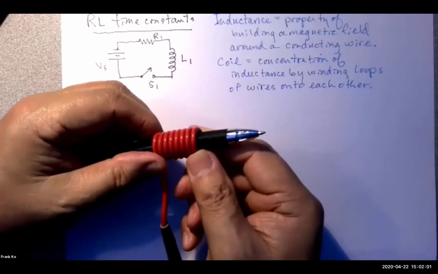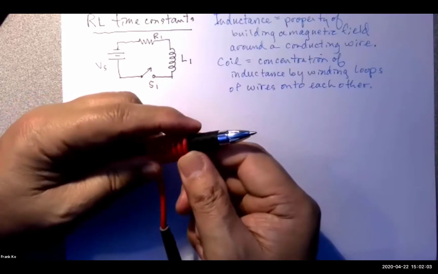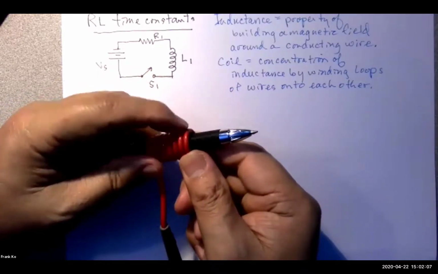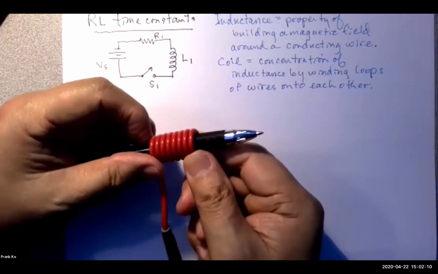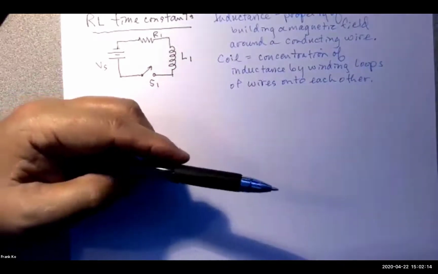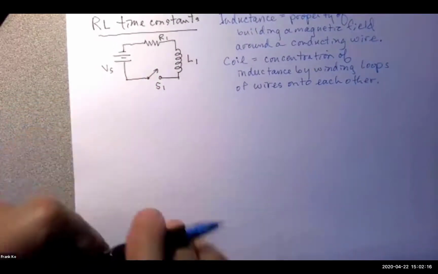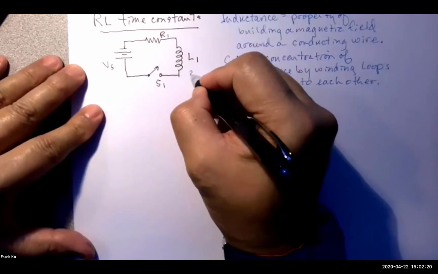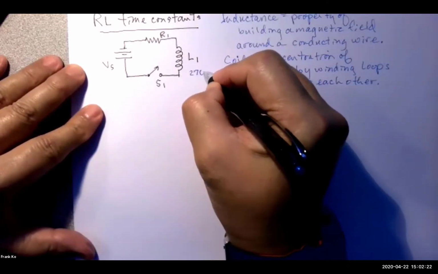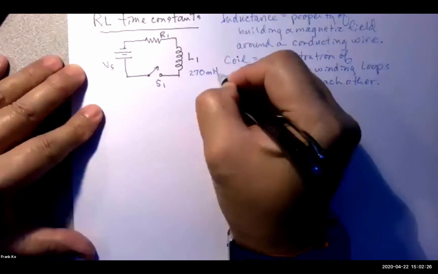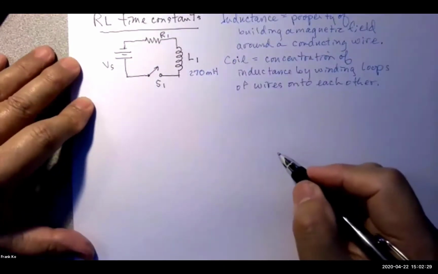So those are the three things that affect the coil: the type of material that is used in the core, the diameter, and then also how tight the windings are. And I'll go ahead and release all of this. So let us say that this guy is equal to, let's say, 270 mH.